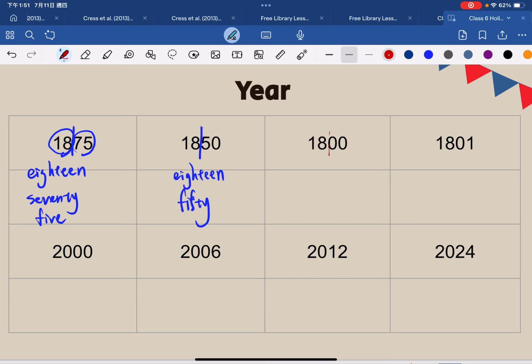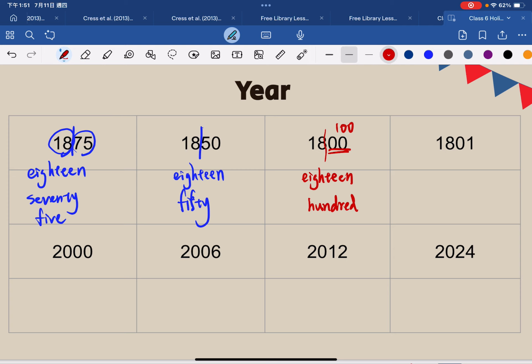So in here, we still put it into half, but we think of the 00 as a hundred. So what will we say? We say 1800.